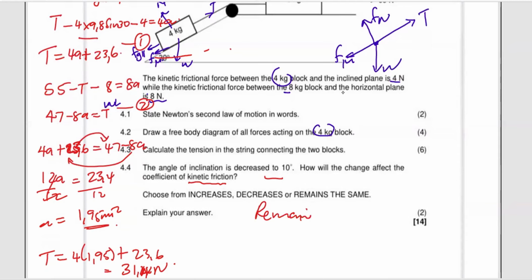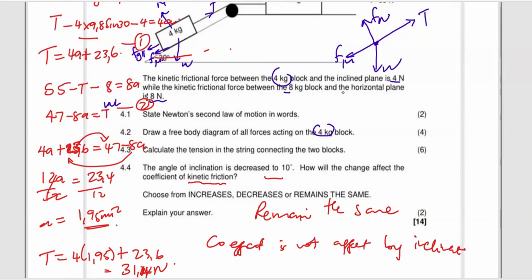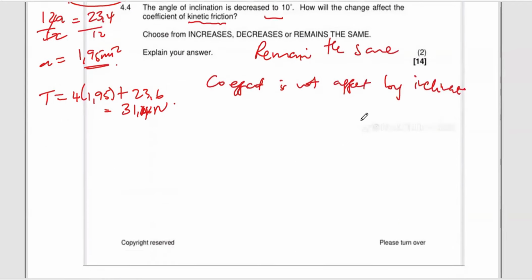Remember, the coefficient just works with the surfaces, the surface of the block and the surface of the incline. So it remains the same because the coefficient is not affected by the inclination. Coefficient can never be affected by the inclination.